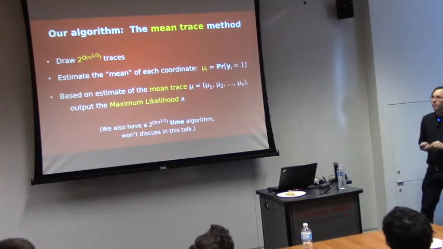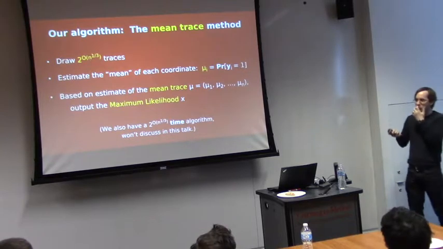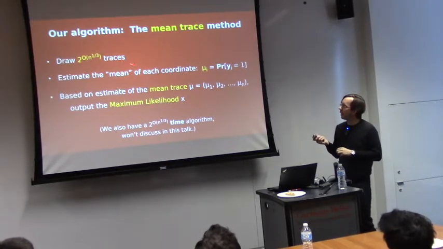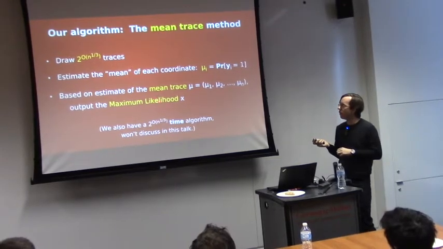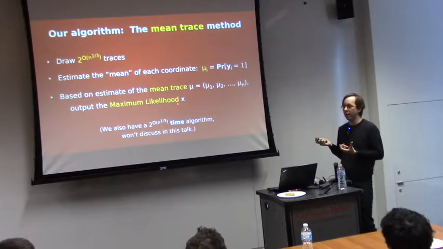Okay, anyway. Is the maximum likelihood step obvious? Given this mu... No, that's the whole point of the theorem: that this many samples is enough such that the maximum likelihood x will be the true x with high probability.